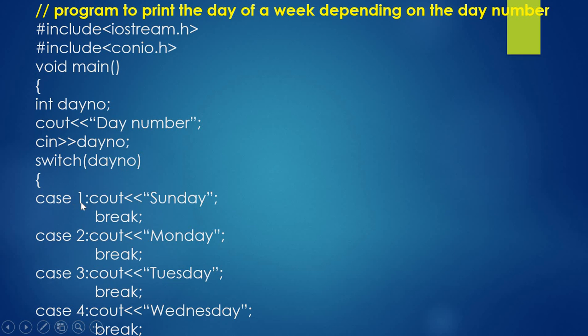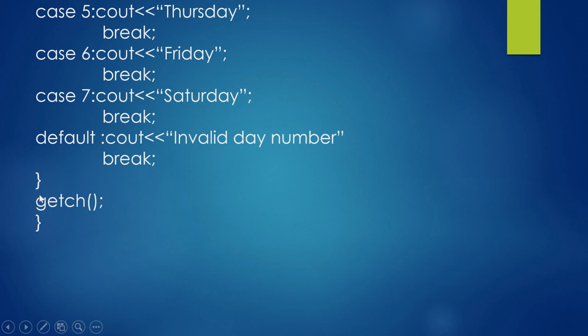Then case 1, cout Sunday: if this day number is equal to 1, it will print Sunday. Then break. Break means it is exiting from the switch statement, and the next statement to be executed is getch. After that it should execute the getch statement and close the program.